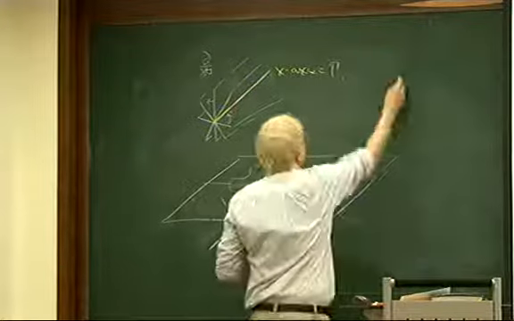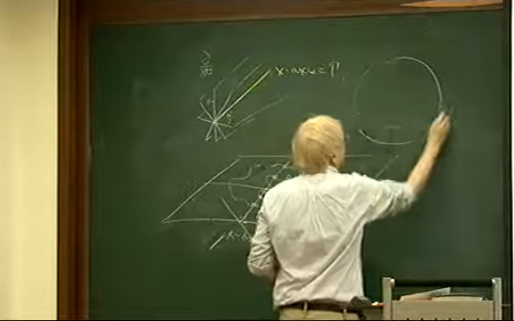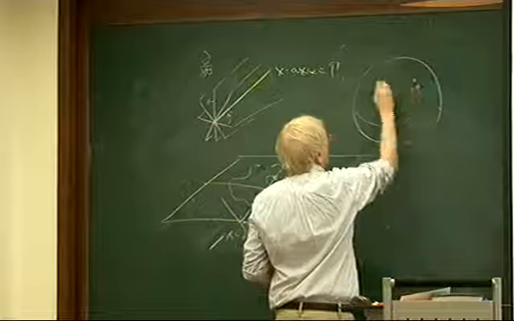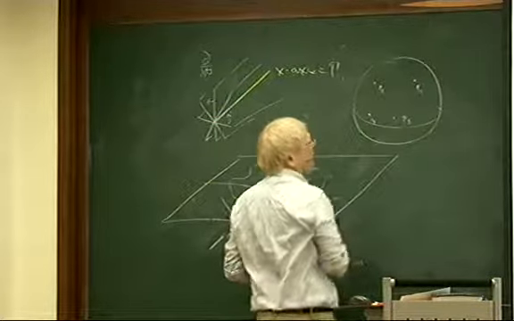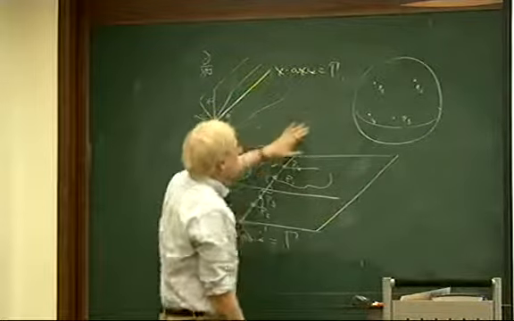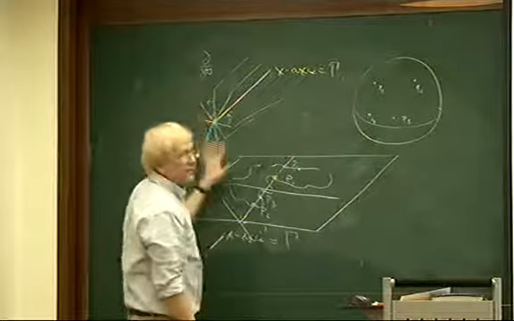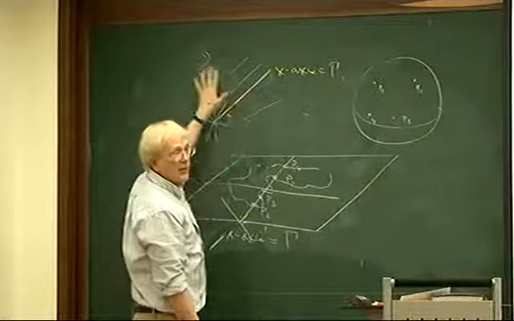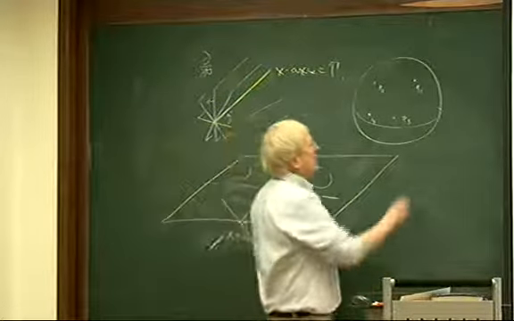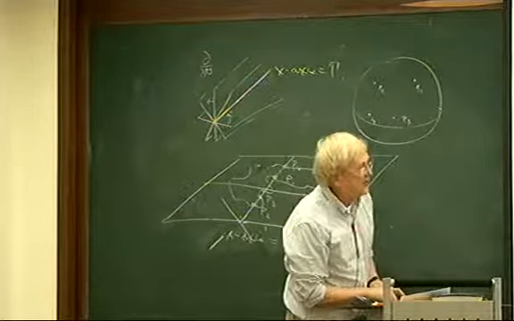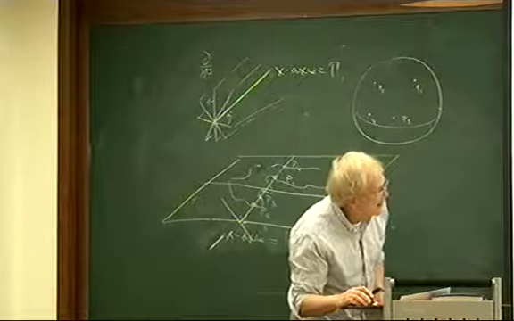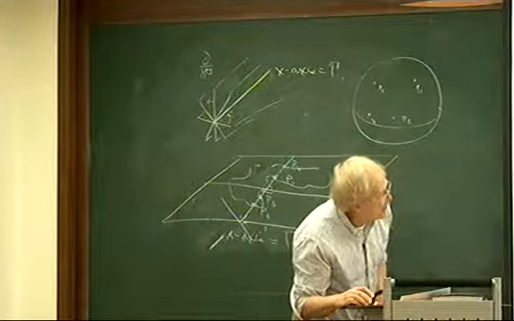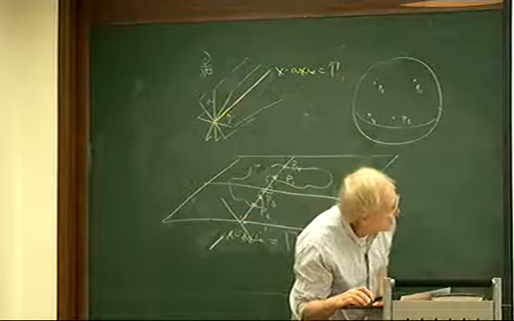Okay, so back in the abstract sphere, we have points P1, P2, P3, P4. And because the sphere is transverse to this foliation, the normal projection, where is that? We have it written down here somewhere.